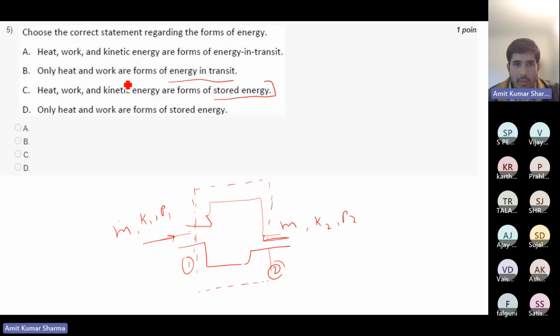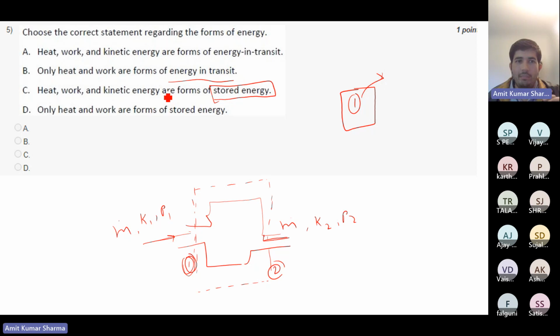What is the meaning of stored energy? Suppose this point 1 is there, and my condition is at 1. At 1 I'm not moving, my gas stream is still at 1. So it will have some potential energy, some kinetic energy.